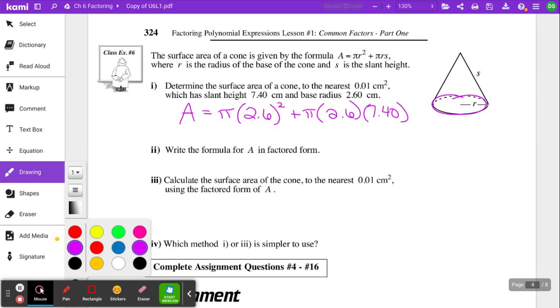We're supposed to do this to the nearest hundredth. Okay, do we have an answer yet?